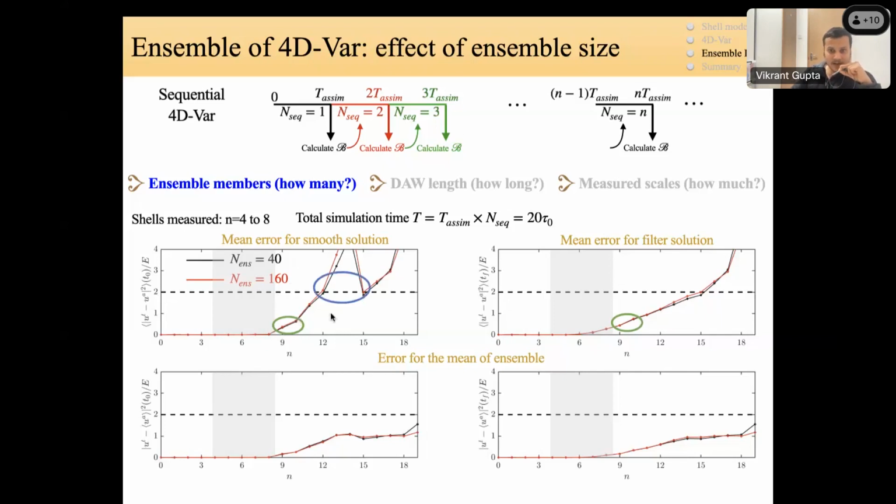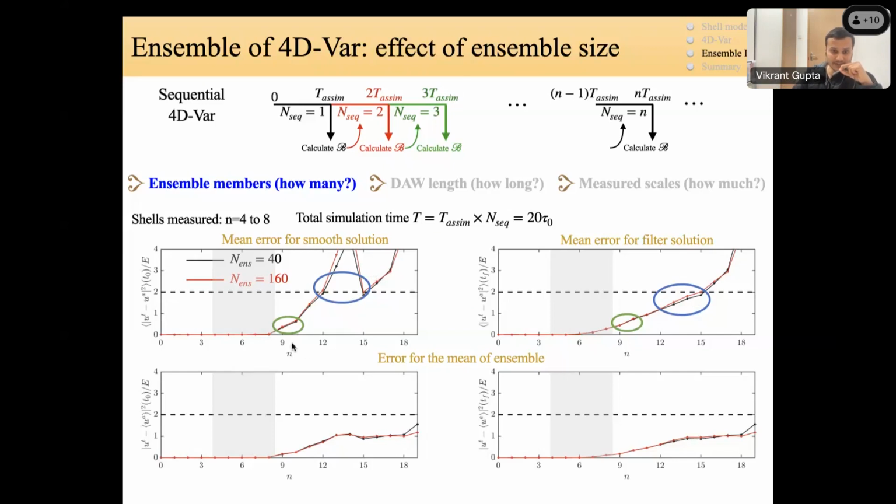But if we look at the higher shells here, then we see that the filtered solution is much better, and that's because these faster scales are decorrelated from the ones that we measure. So the governing equations are better at bringing these faster scales to the real solution, to the ground truth, than the 4D-VAR is.